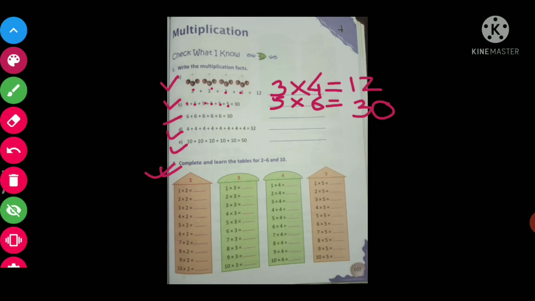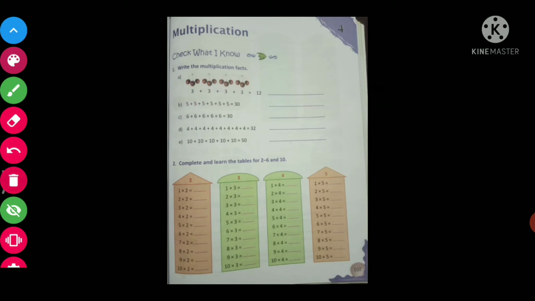The first table is the 2 table. 2 ones are 2, 2 twos are 4, now 3 twos are 6. I will write it here.